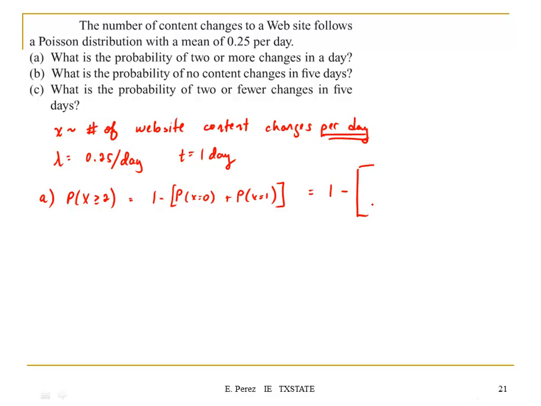To express this as a Poisson, we have e to the minus 0.25 times 1, 0.25 times 1 to the power 0, over 0 factorial, plus e to the minus 0.25 times 1, 0.25 times 1 to the power of 1 divided by 1 factorial.